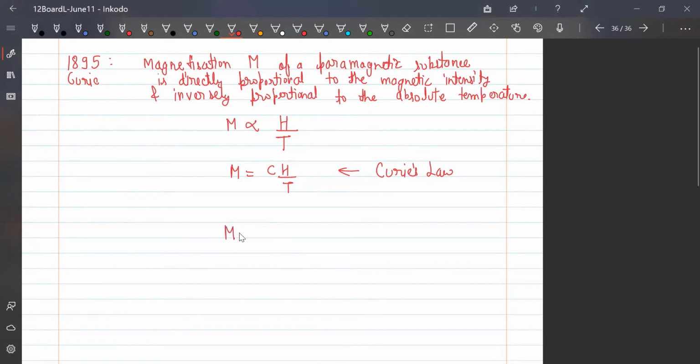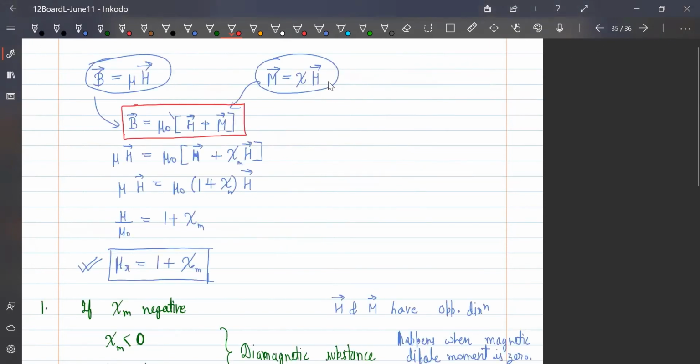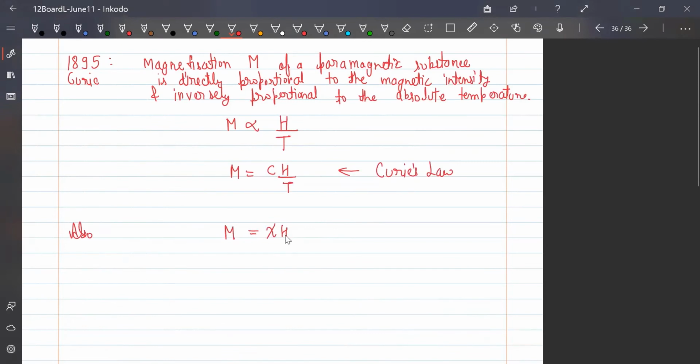So you also know that M is equal to xi H, right? From here, this relation M is equal to xi H. So if M is equal to xi H, I can compare these two and write that xi is equal to Curie's constant upon T. So C is called the Curie's constant.